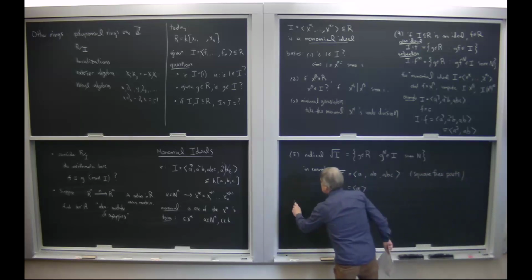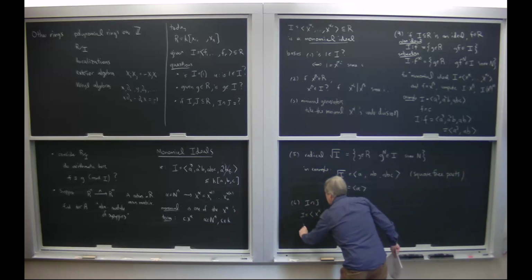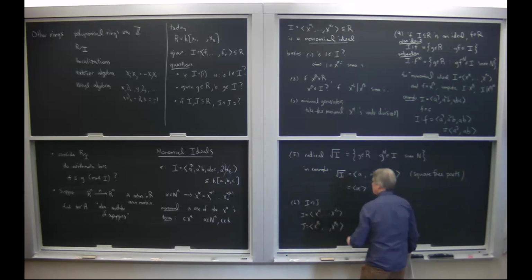And the last one is, what about I intersect J? Suppose that I is generated by x to the alpha 1 through x to the alpha r, and J is generated by x to the beta 1 through x to the beta s. So what is this equal to?